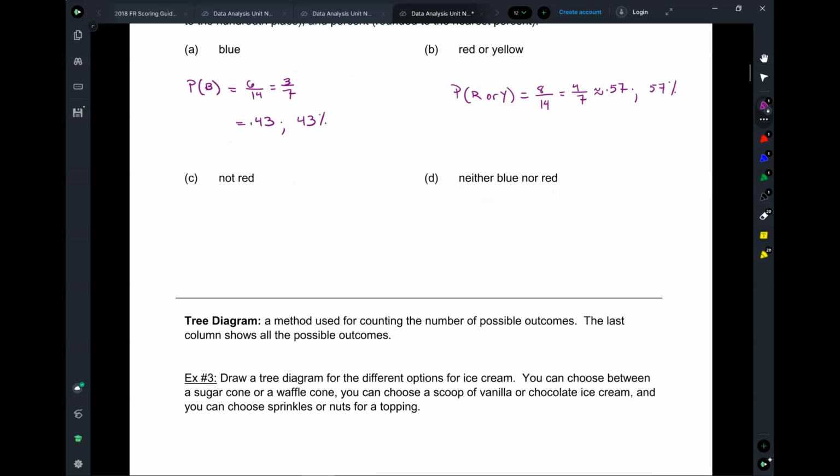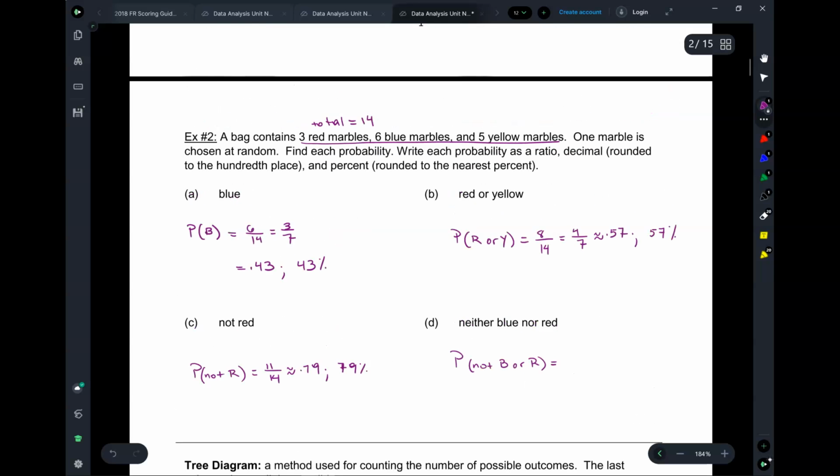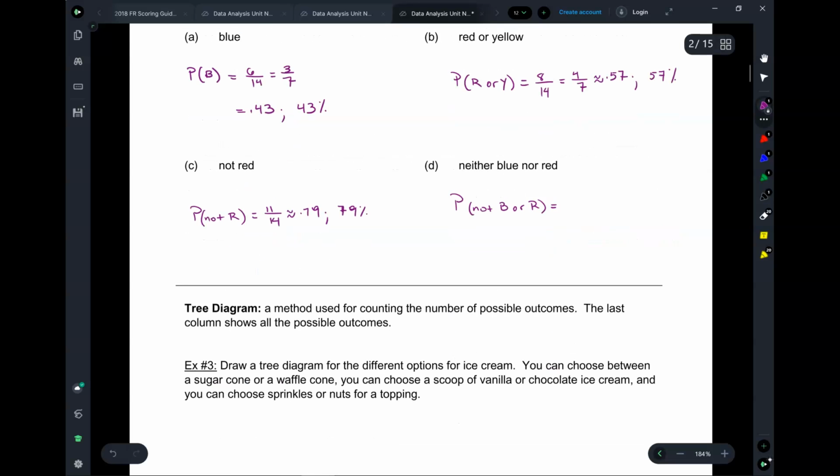So P of not red, how many? 11 over 14, which is 0.79, 79%. Okay, then the probability of neither blue nor red, so not B or R, is it 9? It's 5. So not blue or red, it's just yellow, so 5. Which is 0.36, which is 36%.